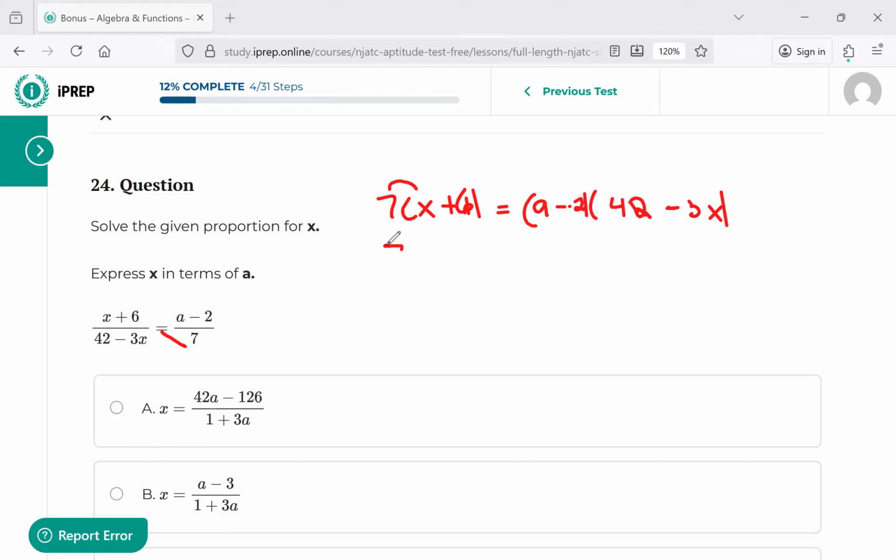That's going to be 7x, and 7 times 6 is 42, equals, and over here, when you FOIL this out, this is going to be 42a minus 84 minus 3ax plus 6x.